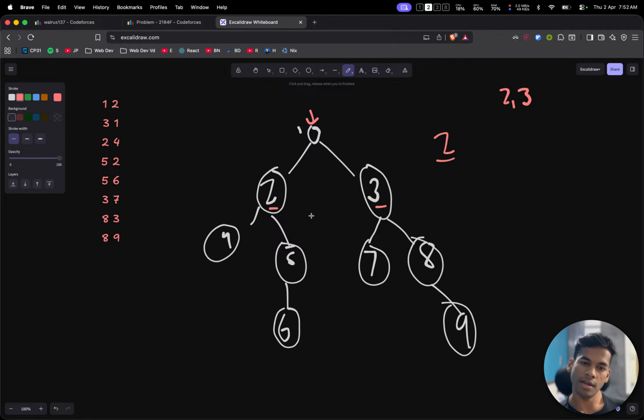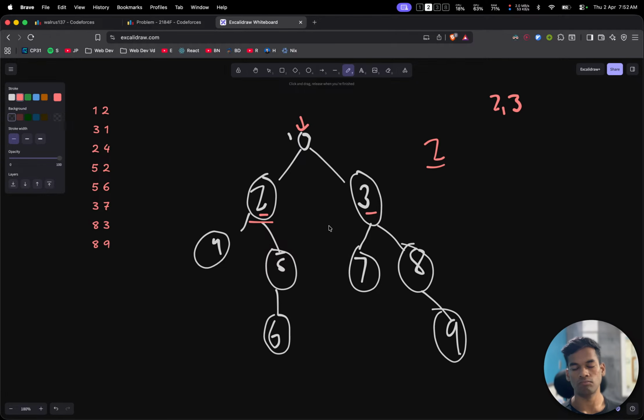We can brute force and try to dissolve all of them one by one. But in this case, we could dissolve 2 or 3 and the answer would be correct.